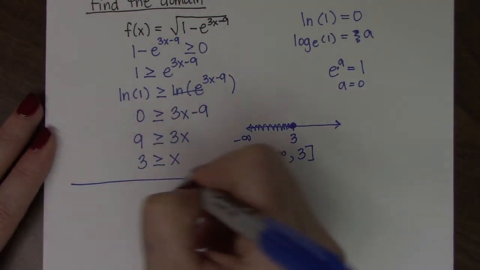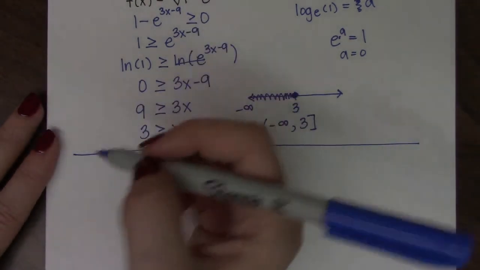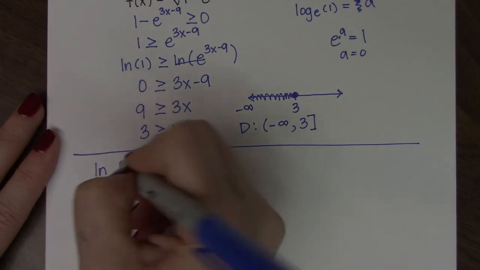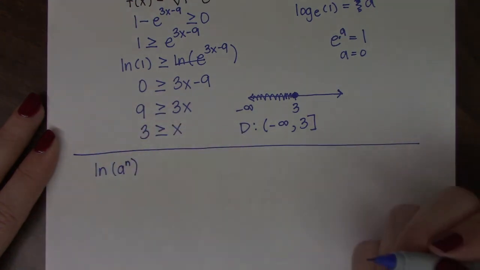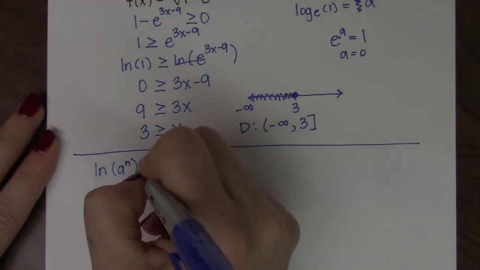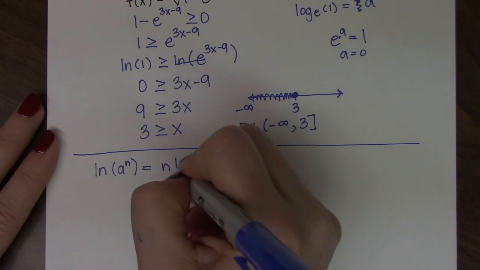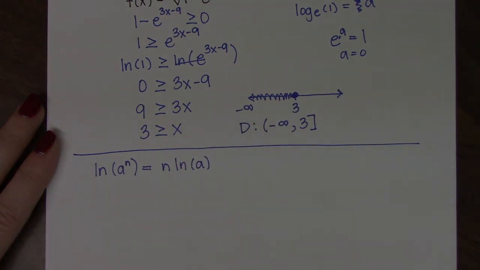Well, now we can use the algebraic property that says if you have the natural log of anything raised to an exponent, that is equivalent to saying I'm allowed to move the exponent out front and say it's the exponent times the natural log of that value.